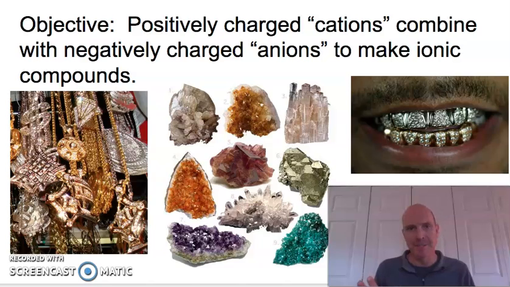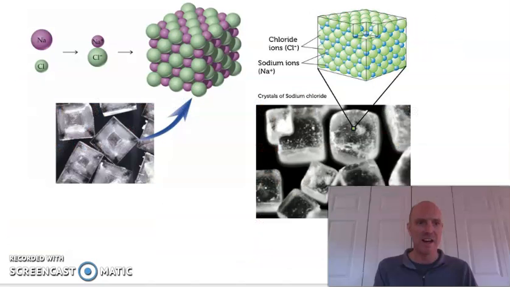They're crystals. Objective: positively charged cations combine with negatively charged anions to make ionic compounds. And what are ionic compounds? They're crystals. Here's another look at it, just so you can visualize.